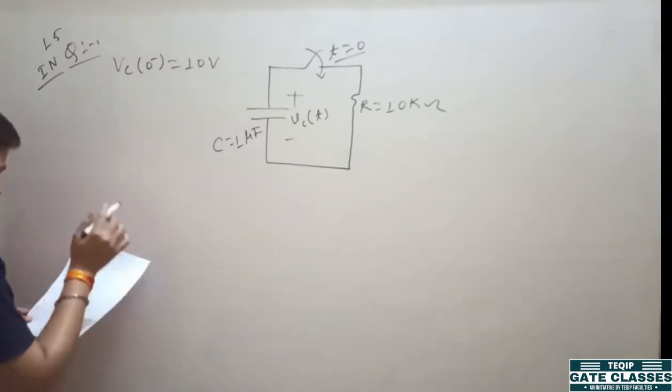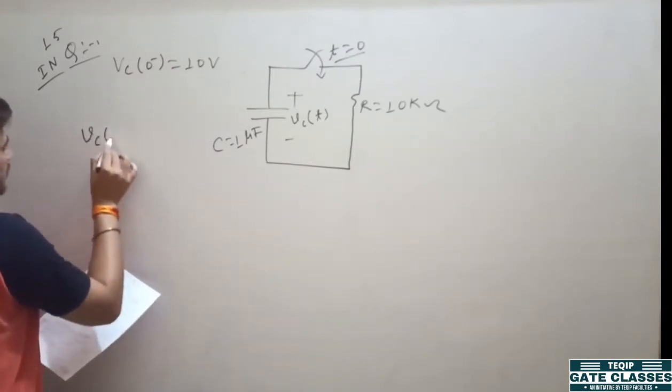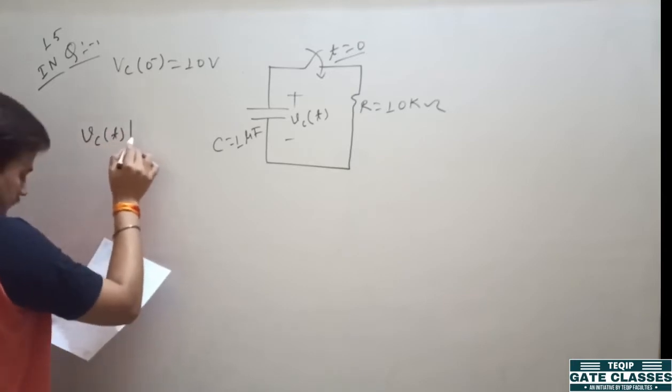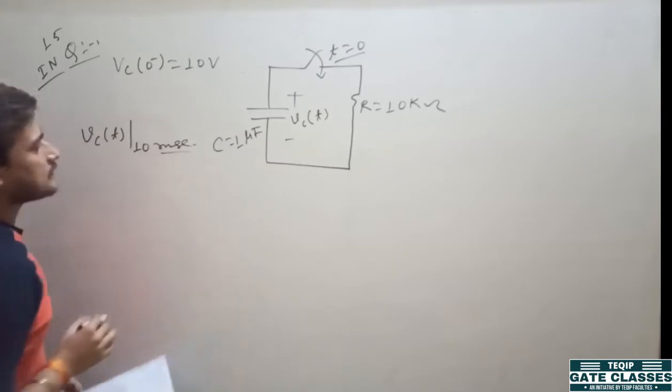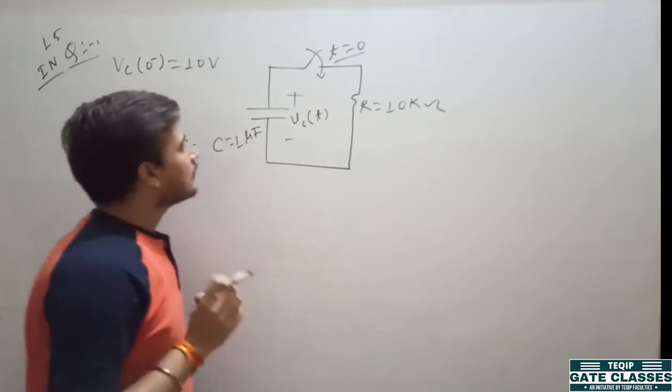You have to find VCT, voltage across capacitor, at 10 millisecond.